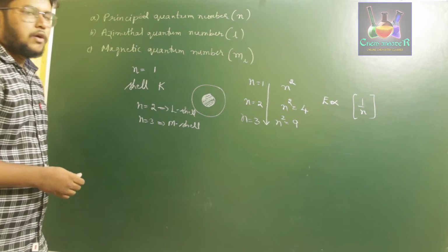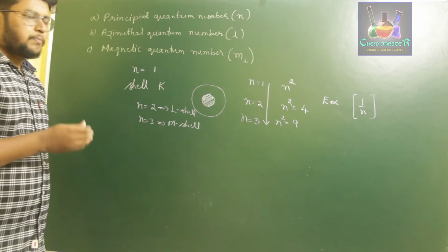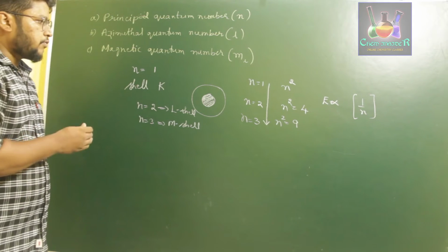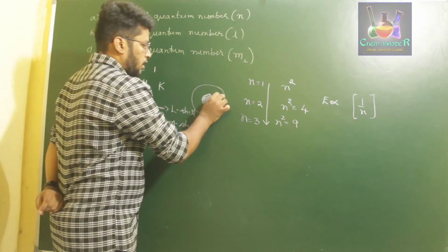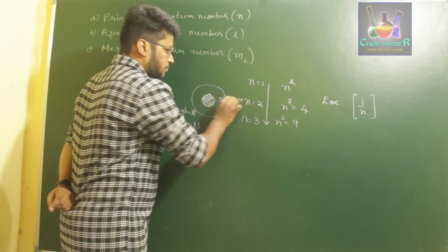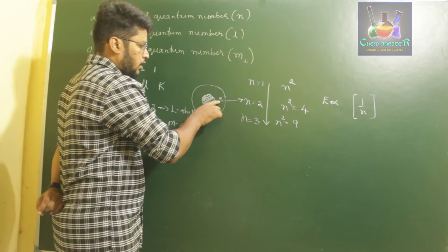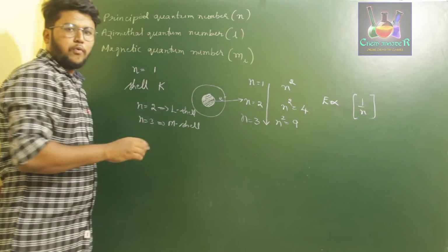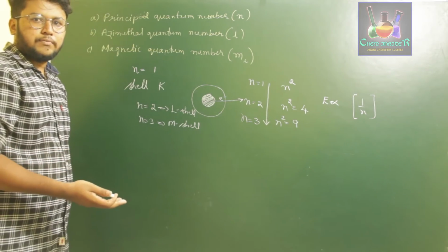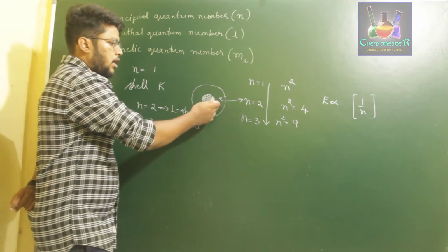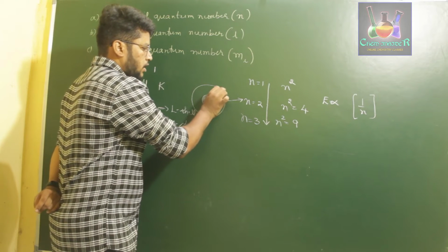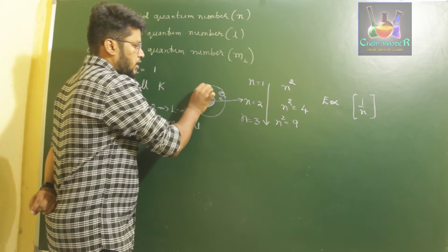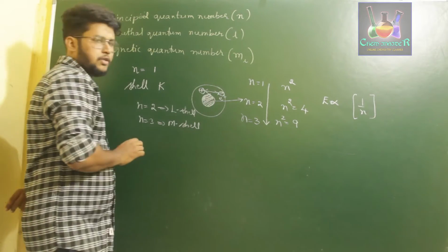That is because if you have to take an electron away from the positive charged nucleus, you have to lose a certain amount of energy. The electron is negative charged and the nucleus is positive charged, and those two experience an attraction.